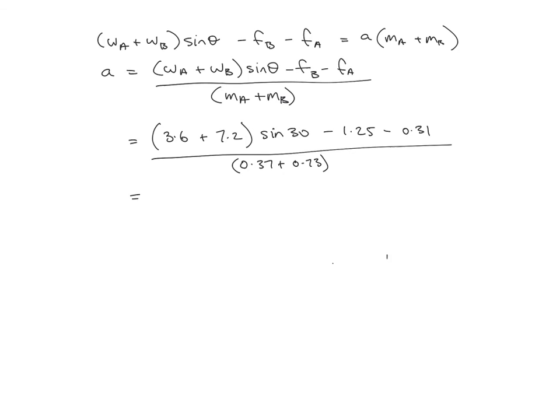That comes out to be 3.5 meters per second squared. Finally, we have A. So once we have A, we can just sub back into one of our equations now.